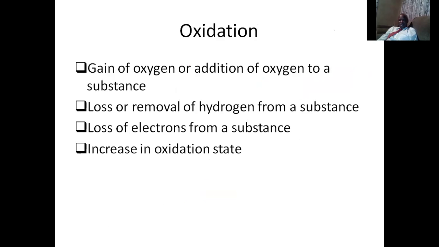This is very important, and so we need to go through it and put it to heart. It has no formula, but we just need to understand what oxidation and reduction are in terms of oxygen, hydrogen, the electrons, and the oxidation state.